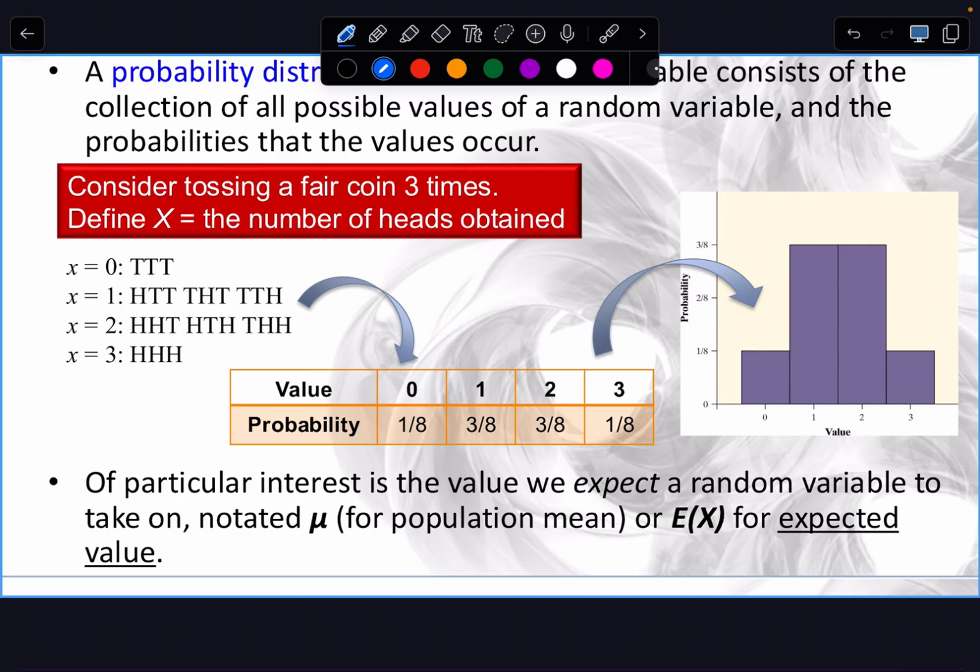Now we can use these distributions to describe shape, center, and spread. So shape, going all the way back to unit 1, could be symmetric or it could be skewed. Skewed left or skewed right, depending on which side the tail extends out on. Center and spread, mean and standard deviation.